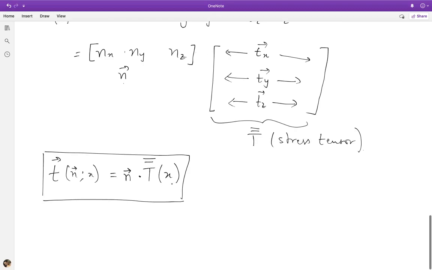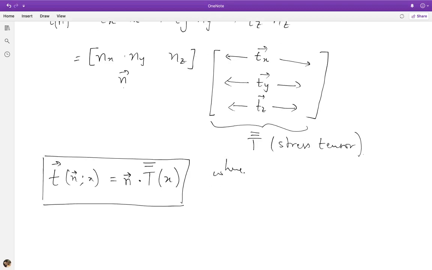Before we carry on, let's look at the form of the stress tensor once again. Remember, as I said, the stress tensor has 9 components. It's a 3 cross 3 tensor, and we can understand what those components are from here. The first row is going to be the stress acting on the x directed surface.